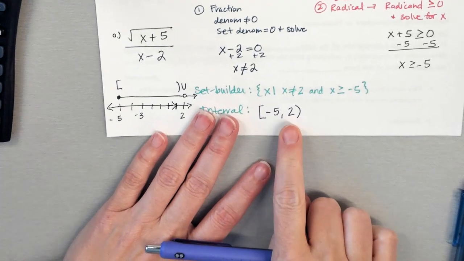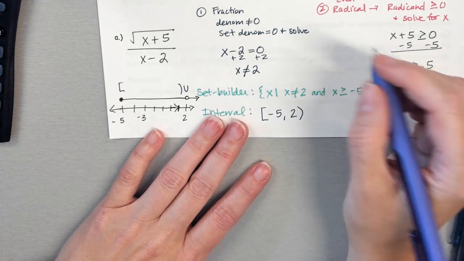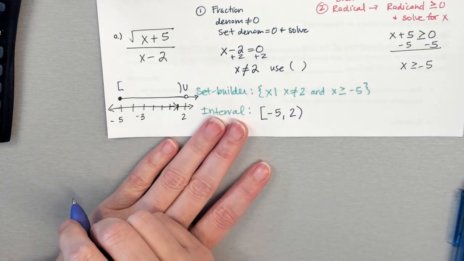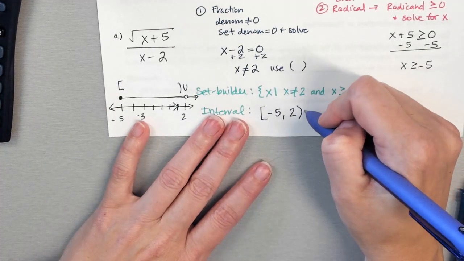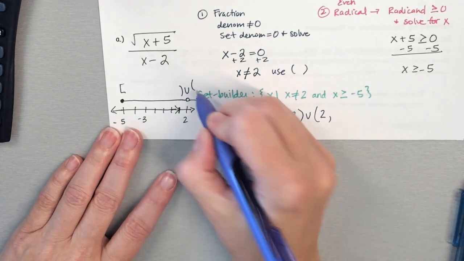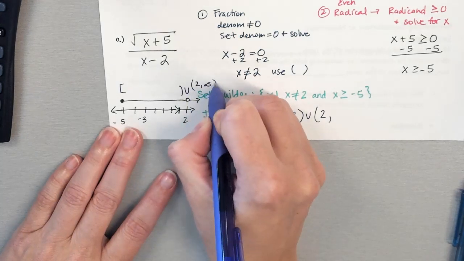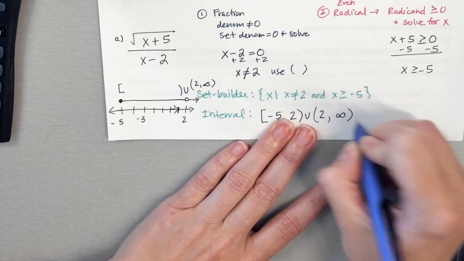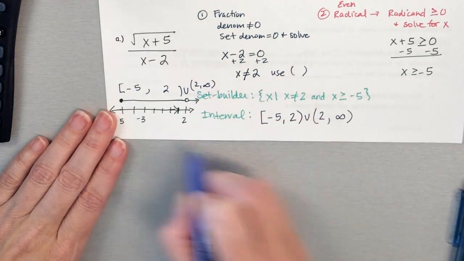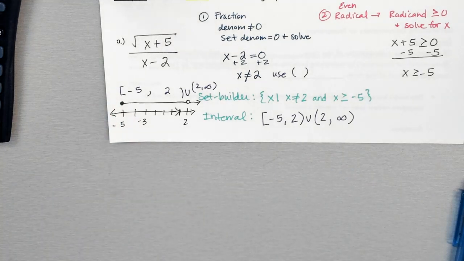The soft bracket means you don't include it, so 2 is not included, and then you would start at 2 and go to infinity. So we have [-5, 2) union (2, infinity). Again, some of you are going to be able to jump from here to here, but I want you to see visually what is happening in this case.